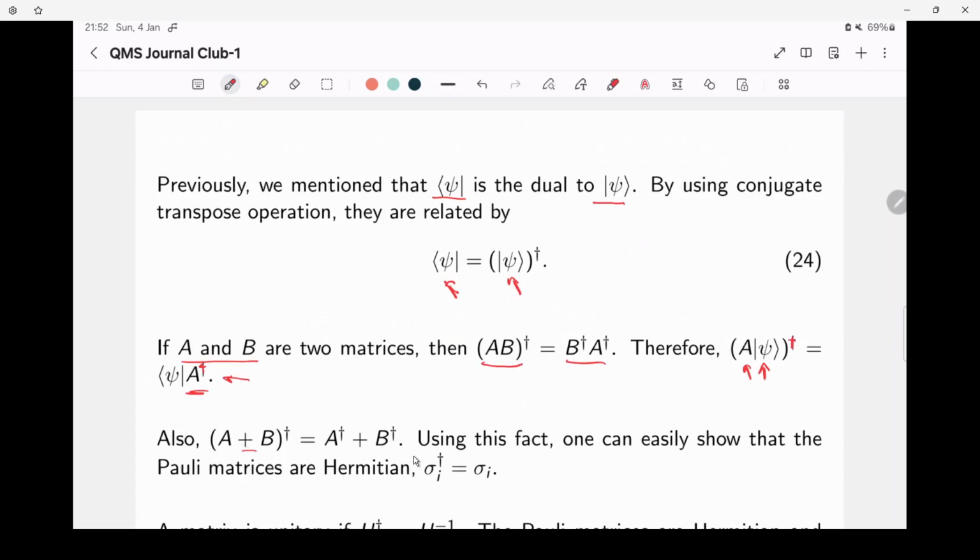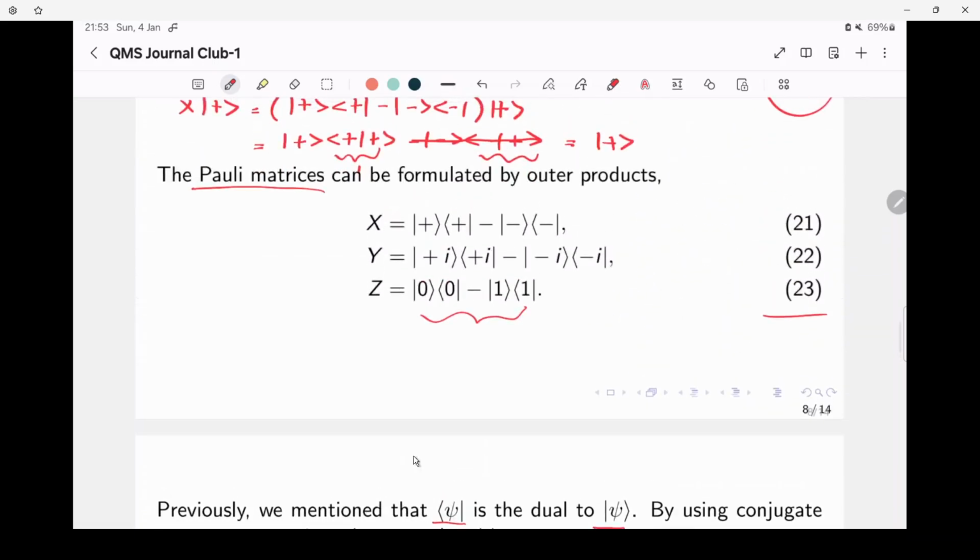If it is a plus sign between A and B, then you can just separate out the dagger operation without any problems. Using this fact, you can show that Pauli matrices are Hermitian. How do you do that? You look back at equations 21, 22, and 23.